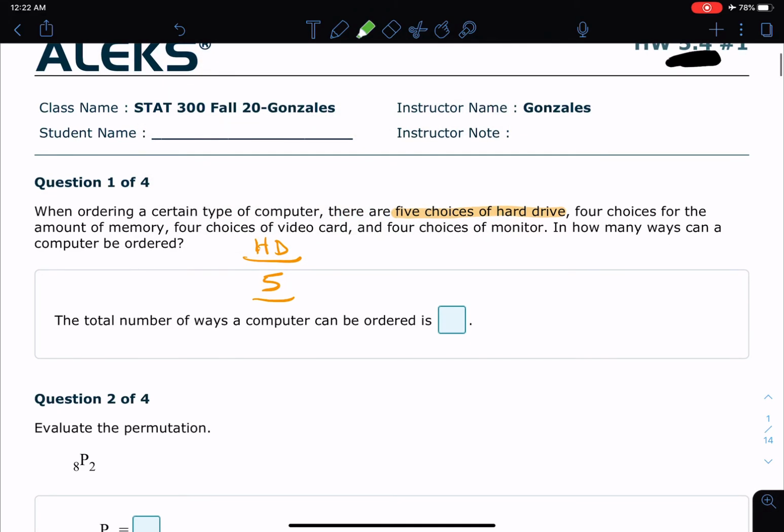Then what do we have? We have 4 choices for the amount of memory. So memory, 4 choices.